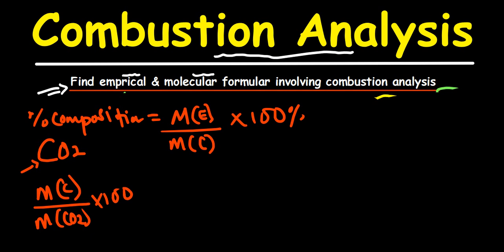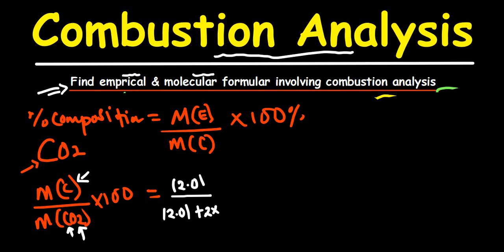So this is going to be equal to, so you just go on your periodic table and get the mass of carbon. The molar mass of carbon is about 12.01. We are going to divide this by the addition of the molar mass of carbon to the molar masses of what? Oxygen. So it will be 12.01 plus 2 multiplied by, what's the molar mass of oxygen?